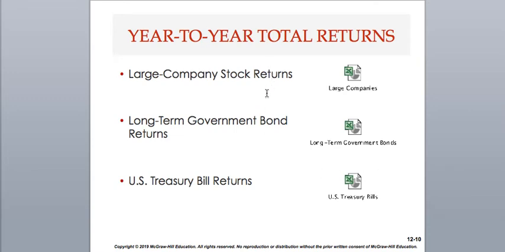Large company stocks, long-term government bonds, US Treasury bills, all that information is available. The actual raw data is available in these Excel files. So you could click on these to see more information on this data.